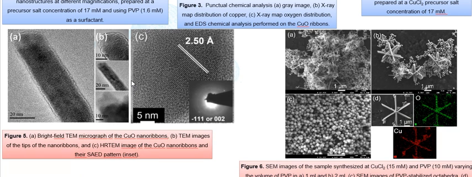Also shown is a high resolution image indicating the interplanar distance of the 111 or 002 planes. A micrograph is also presented showing the formation process of the nanoribbons by varying the precursor salt concentration, and the formation of stable octahedra attributed to the amount of PVP used.